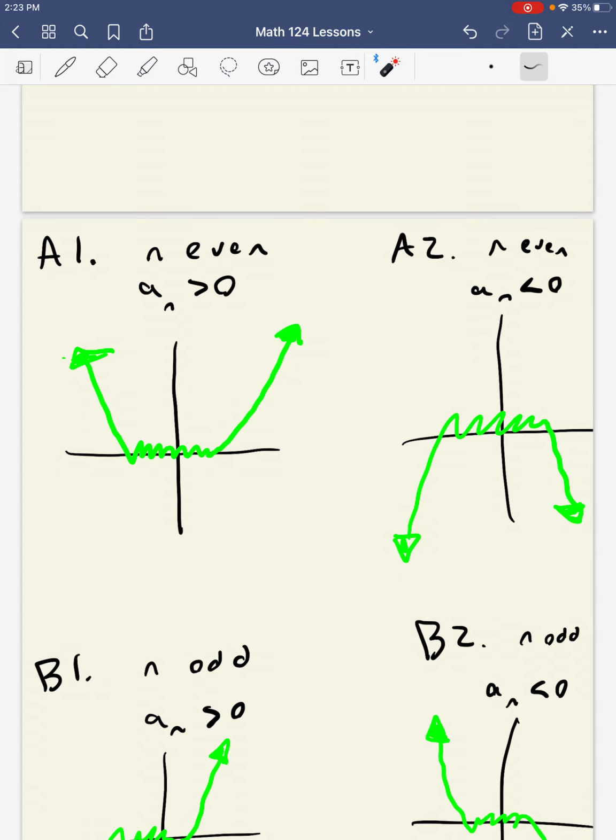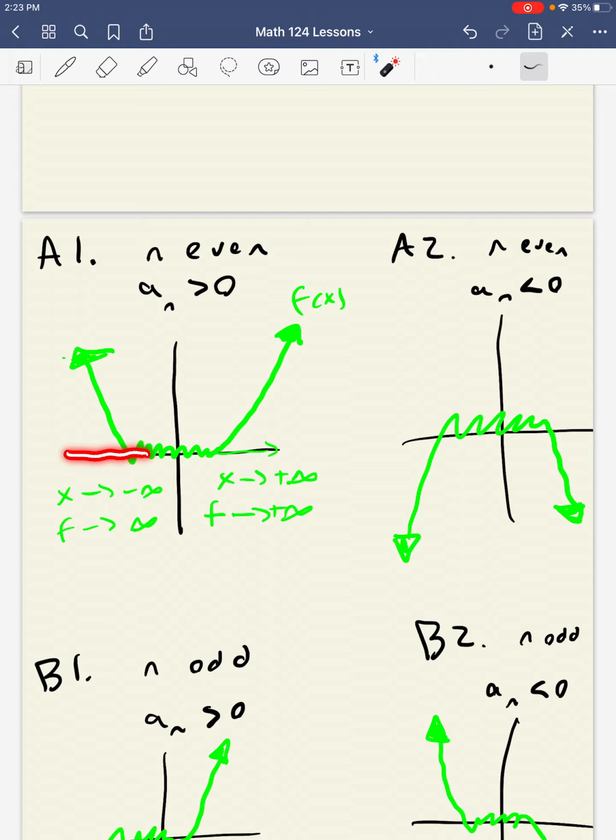Okay, now another way we could write this is, here notice when x is going to positive infinity, let's say the function, let's call this the function f, is going to positive infinity. But when x is going to negative infinity, f is going to positive infinity.